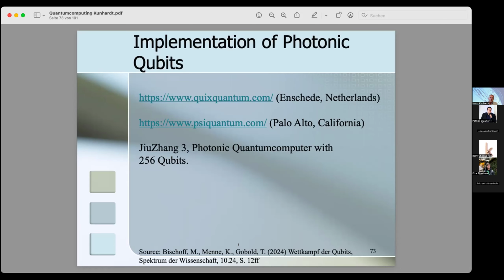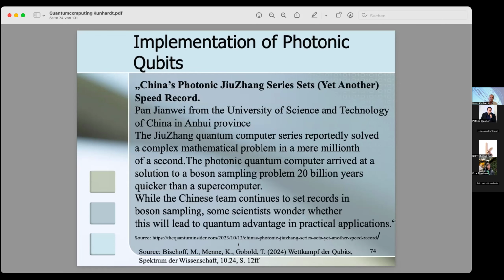Please follow the publications on the Jiuzhang 3 photonic quantum computer. It must be really outstanding results and speed that this quantum computer reaches today. Here is some information on that system. It was developed by the university and Professor Jian Wei in the Anhui province, with his team.